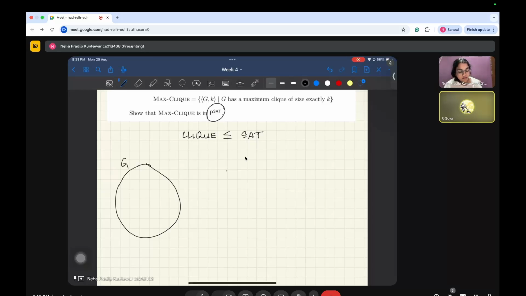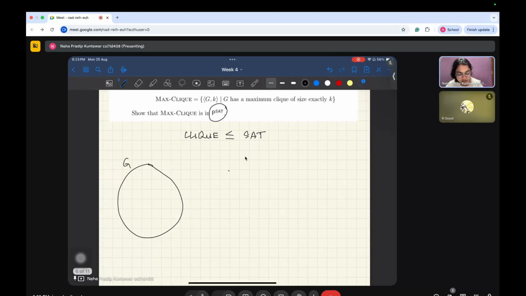Is this not the case here this time, in this question? Okay, so what I want to ask is whether there is a click of size k in G. But I don't have access to click; I only have access to SAT. So I'll convert this G instance into a phi instance, and now ask the oracle.